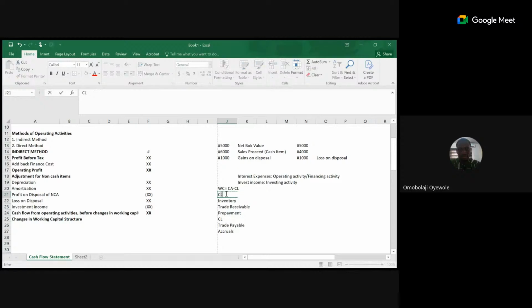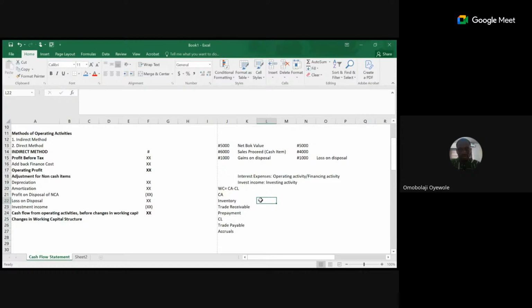These are your current assets and liabilities, and one way or the other they would have had effects on your operation for the period. When we have inventories, there's a possibility that we have inventory at the beginning of the period.